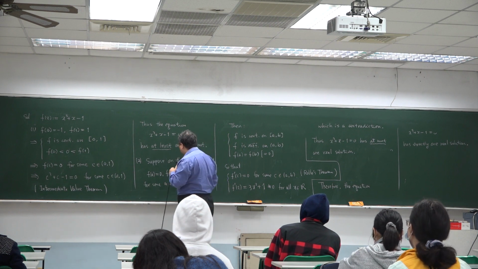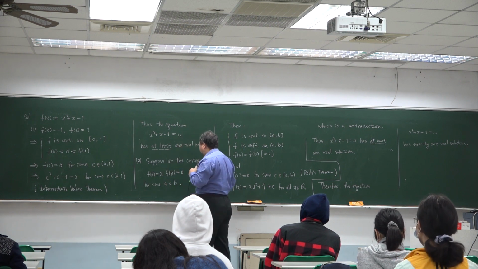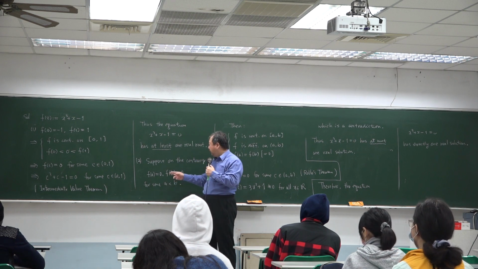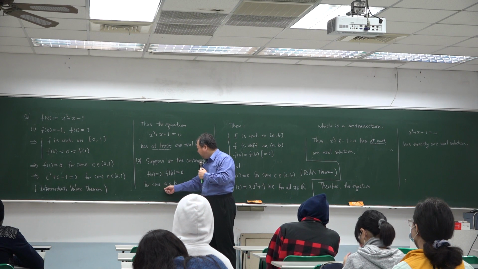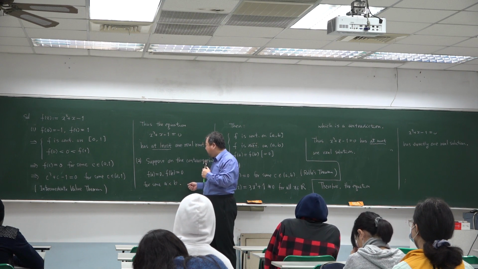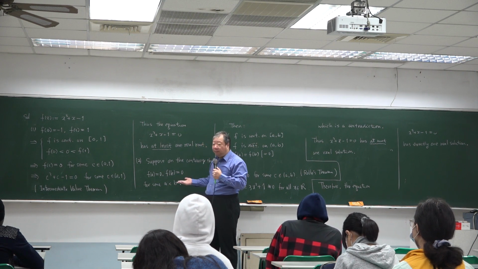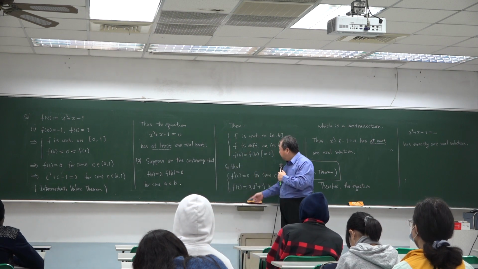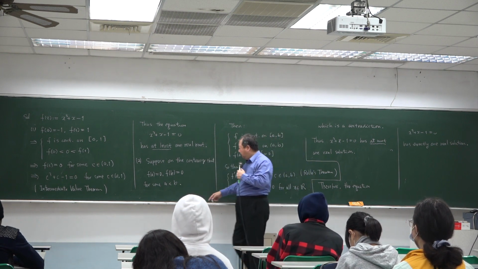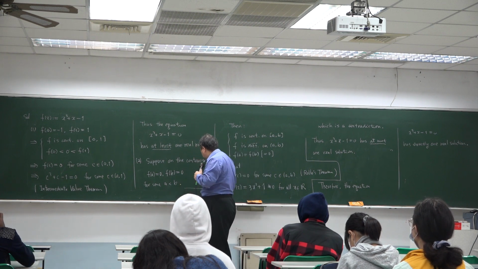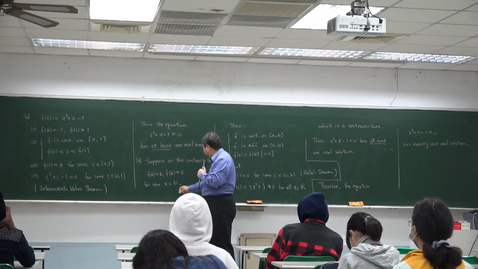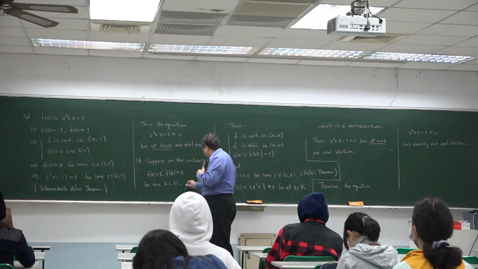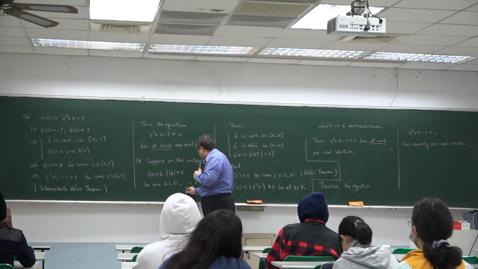And also, suppose on the contrary that f of a equals 0, f of b equals 0, f of c equals 0 for some a less than b and b less than c, meaning more than 2. Again use Rolle's theorem, you will find f prime has at least two zeros.